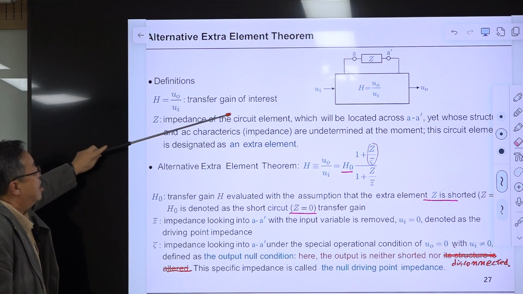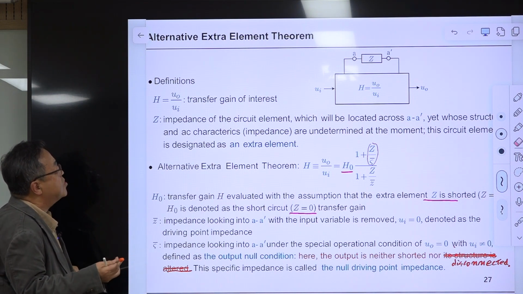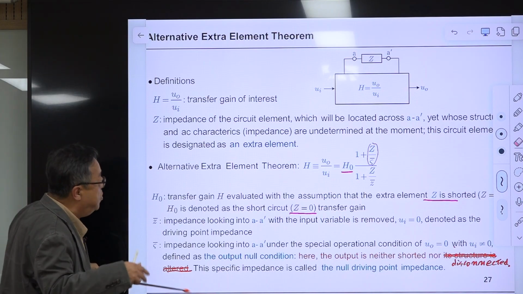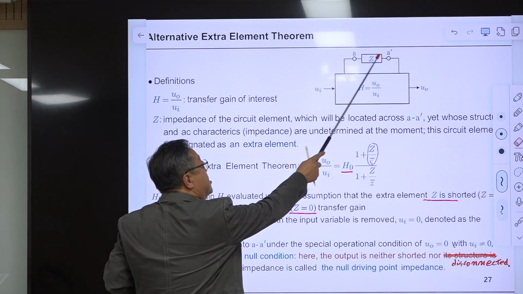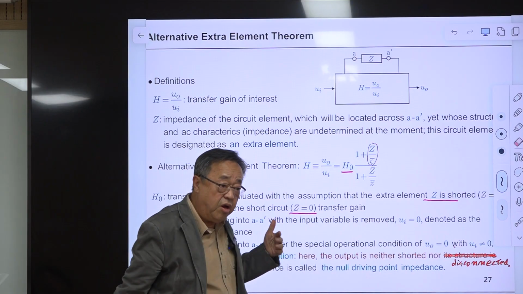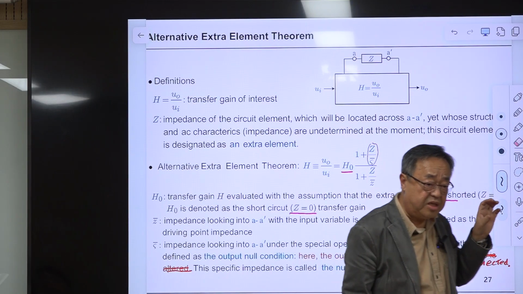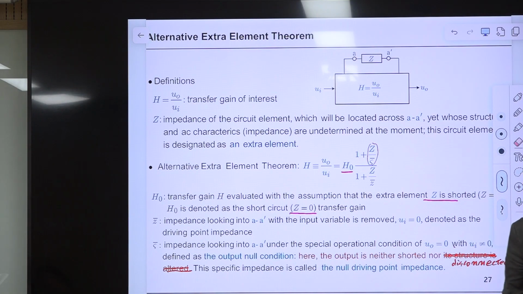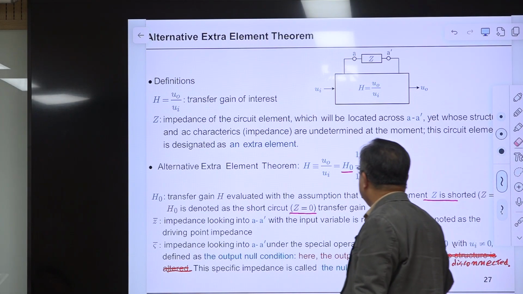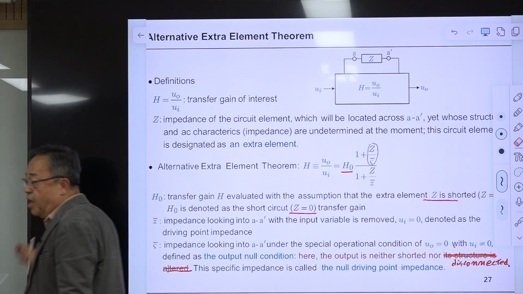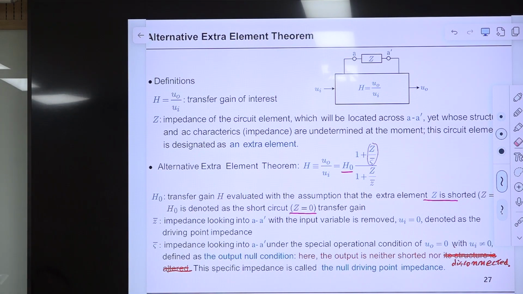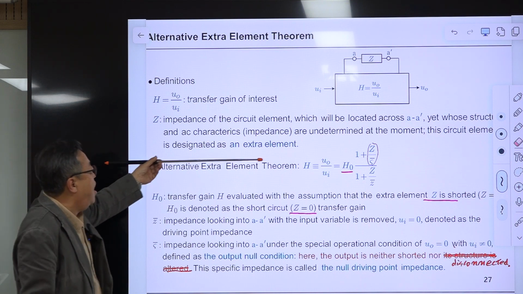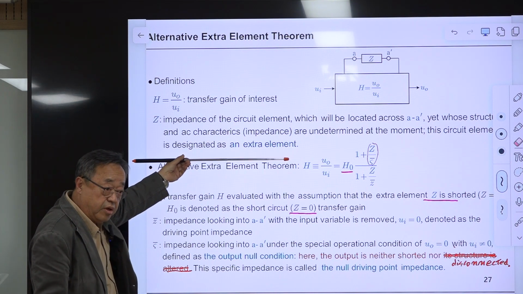G is the impedance of a circuit element that will be located between this terminal, but its structure and its AC impedance characteristics are unknown, unavailable. Maybe the structure is not defined yet. It's not built yet, and they are building it. Maybe it takes forever, but eventually it will be there. Then we designate that as an extra element.